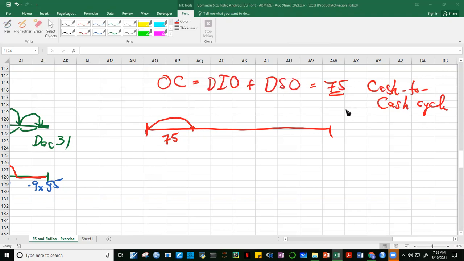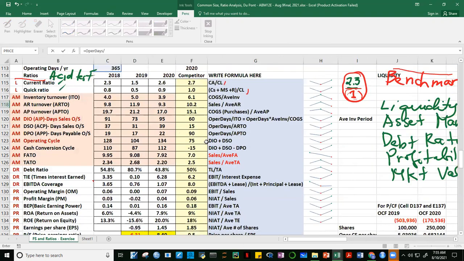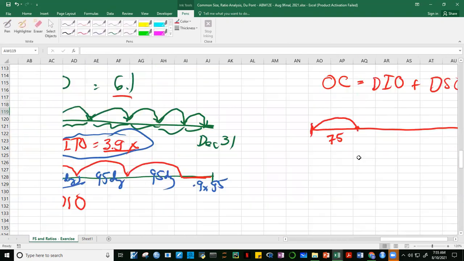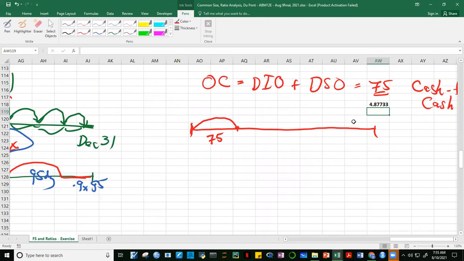Okay, so bali on the average, guys, how many times a year nangyayari ito? So that's equal to 365 days divided by 75. Okay, so this happens 4.87 times a year. So convert lang natin, parang reverse lang natin. Ilang times nagagawa ni company to? 4.87.